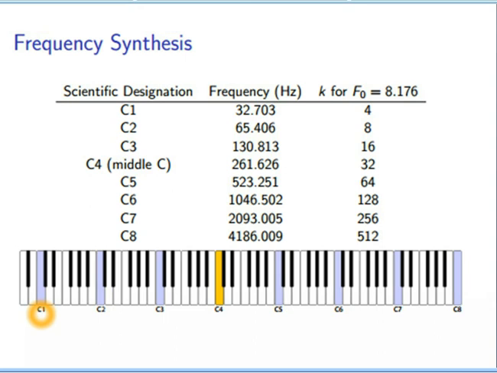C1 contains the fourth harmonic, then the value of k is 8, then 16, 32, 64, 128, 256, and 512. That is another nice illustration of Fourier synthesis, where we combine the frequency components.